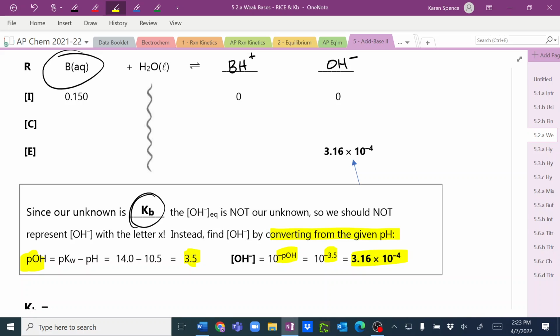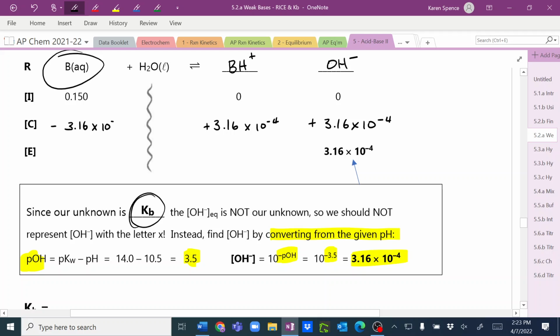How does the rest of our table go then? Yep, and we just throw that in all the way across, 3.16 times 10 to the negative 4, minus 3.16 times 10 to the negative 4.